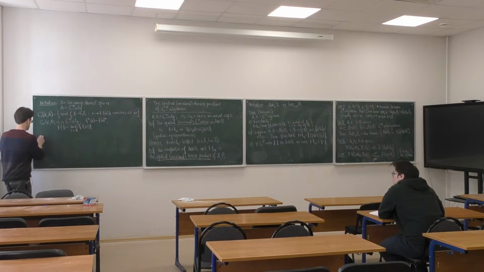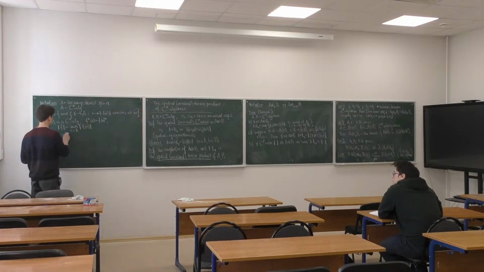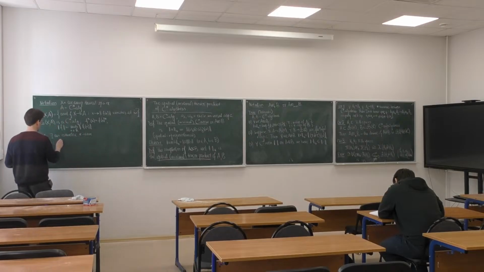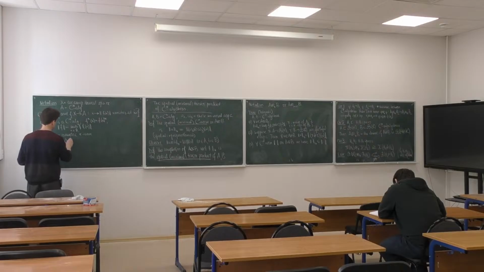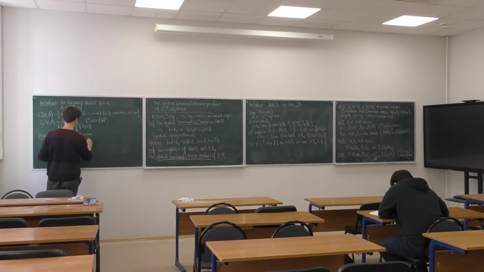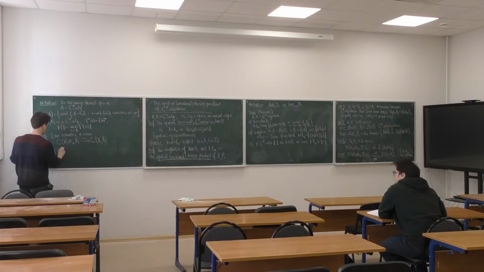Now we have the following result, proposition. There is an isometric star isomorphism, denoted by phi, between the spatial C-star tensor product of C0 of X and A, and the algebra C0 of X, A. This isomorphism is uniquely determined on elementary tensors by the following formula.